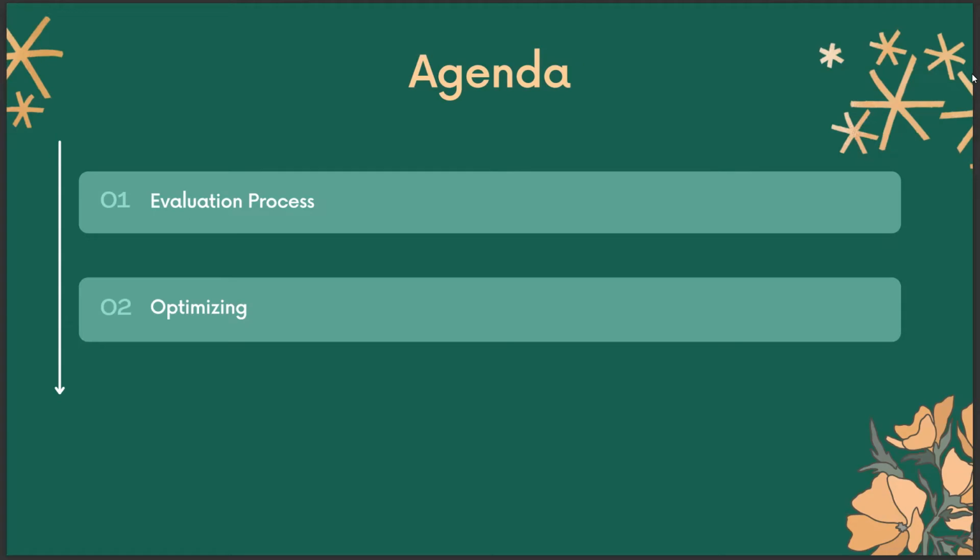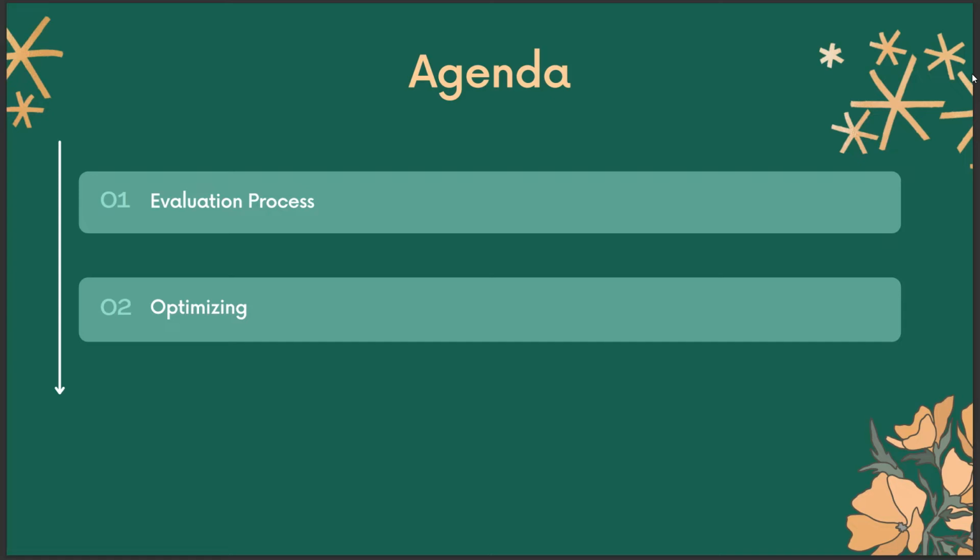Let's see what today's agenda is. We are going to have just two topics to discuss in today's part 5 video. If you remember, in part 4, what I taught is connected to today's part 5. If you haven't checked out the previous part, I will leave the link in the description.